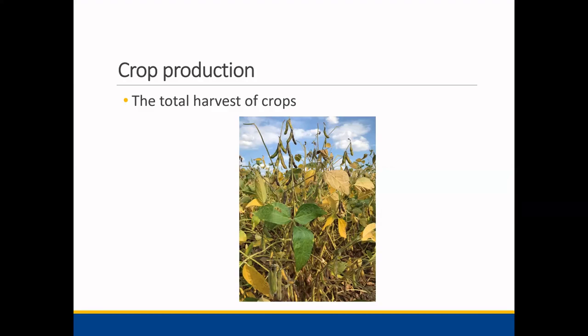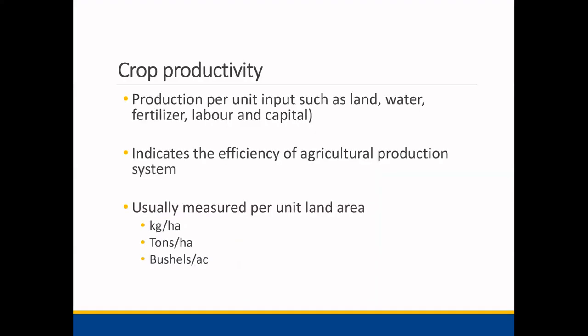Sometimes people confuse production and productivity. That's different. Productivity is the production per unit input. It can be any input you can measure: land, water, fertilizer, labor, and capital.